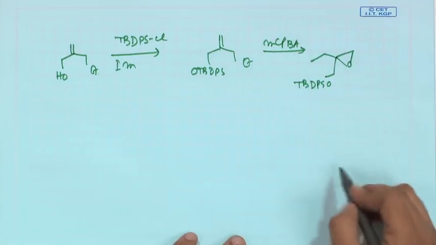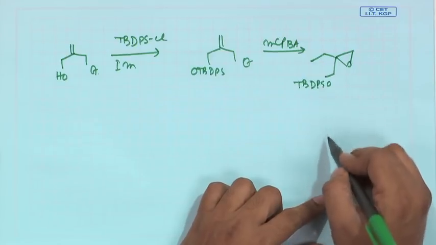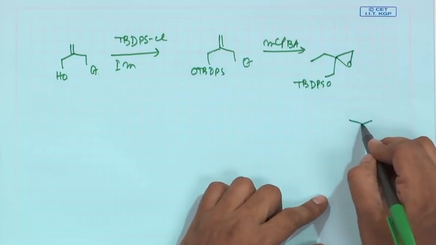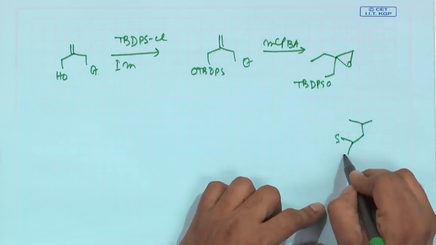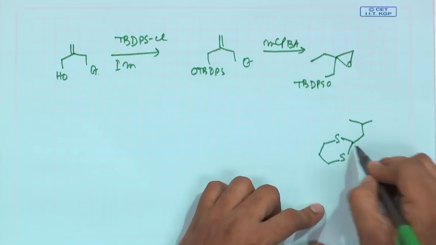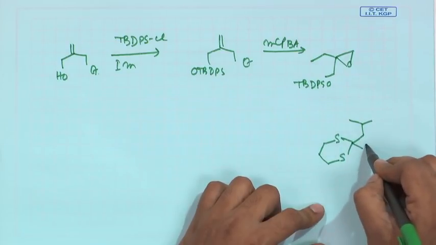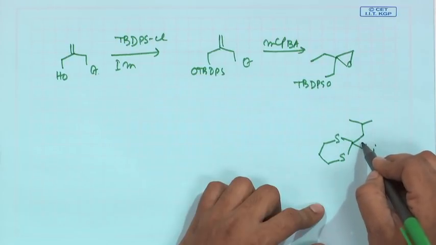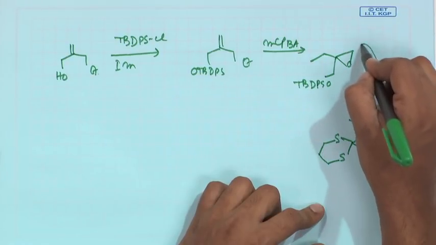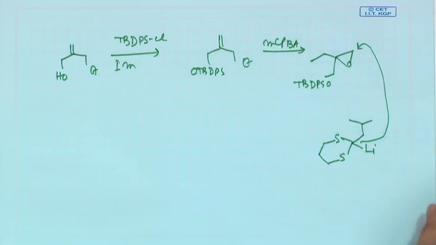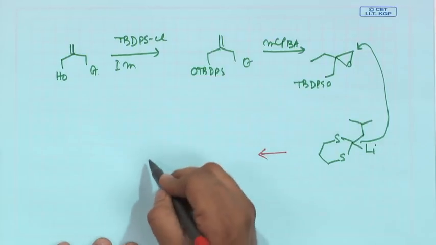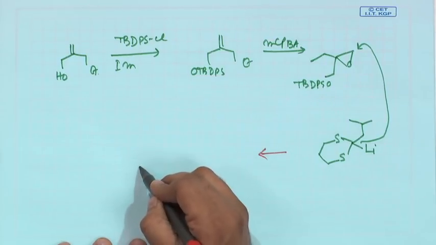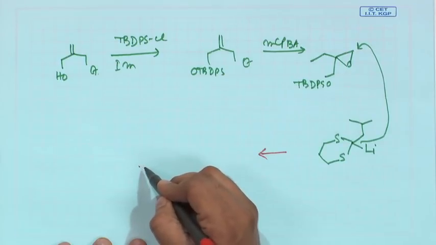Okay. Now, here we will be using this anion, which is basically having this 1,3-dithiane moiety. We basically pick up the hydrogen by a base and put a lithium, meaning a negative charge. So, this negative charge now attacks this epoxide from the sterically less hindered site, and the epoxide will be opened up.